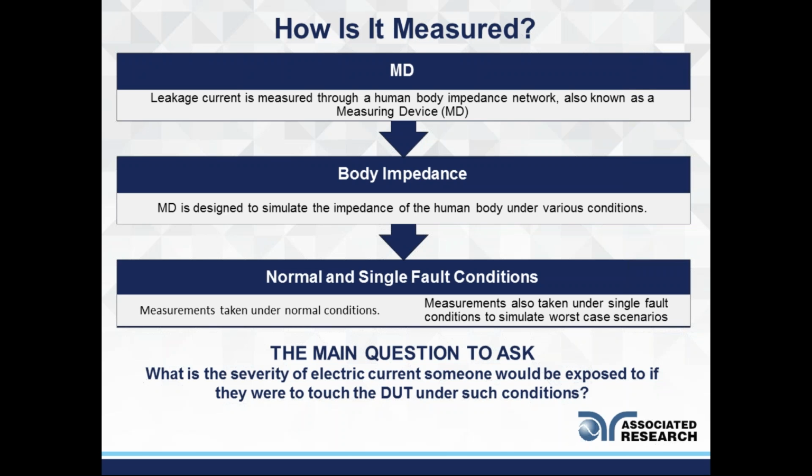That's the whole point of the standard and these measuring devices. We want to identify the worst case scenario. If I am in a hospital and I'm connected to one of your products, you can have peace of mind that no more than X amount of microamps are going to pass through my body or are leaking onto the surface of your product.